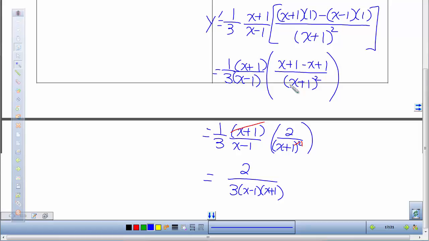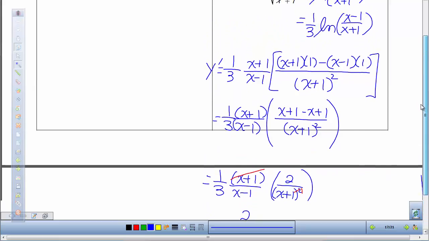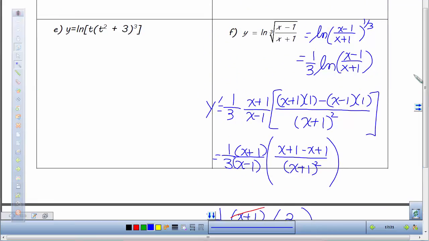I did use the quotient rule right here. We were doing a chain rule. Okay, questions about that?